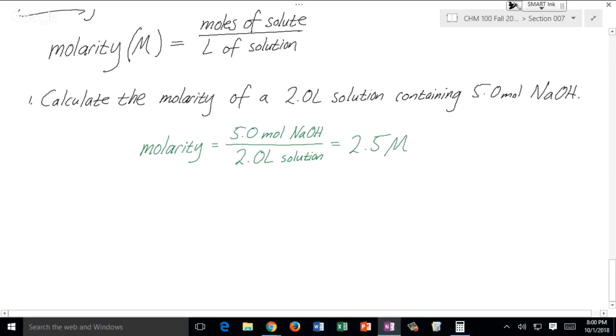So we would say that this solution is 2.5 molar sodium hydroxide.